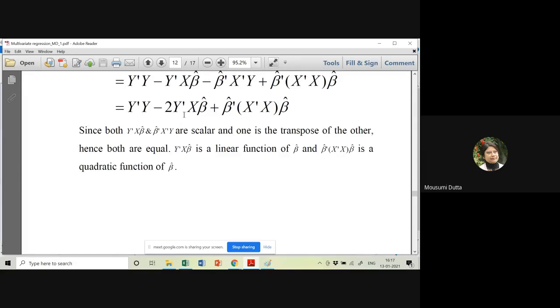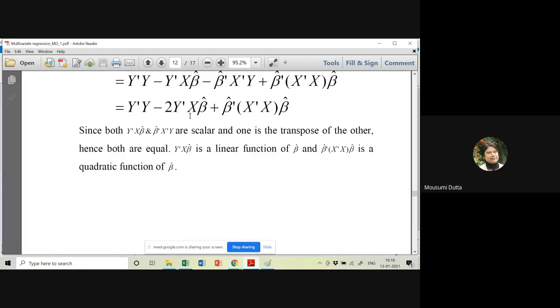I have the term y prime x beta hat, and I have to take derivative of this term with respect to the beta hat vector.